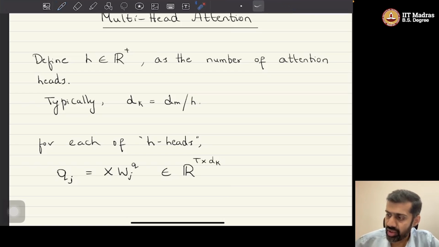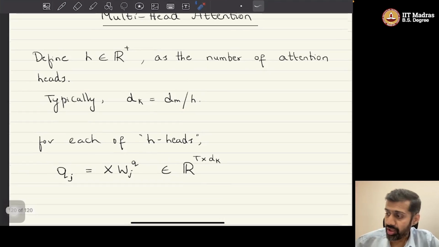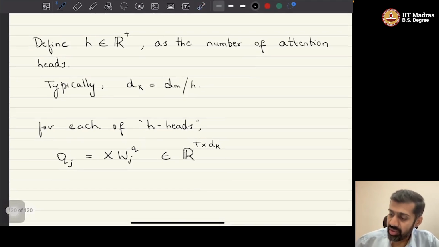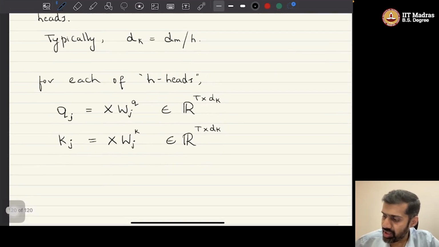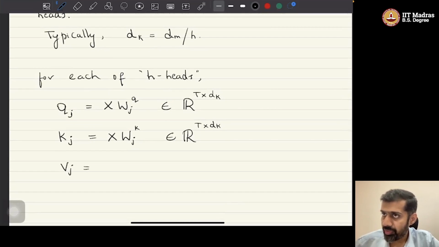Note that my d_k now is d_m by h. I am learning the query, key, and value matrices for each of the heads separately. So K_j is X times W_j^K, and this lies in R^(T×d_k), same as the query, and V_j is X W_j^V, which is in R^(T×d_v).